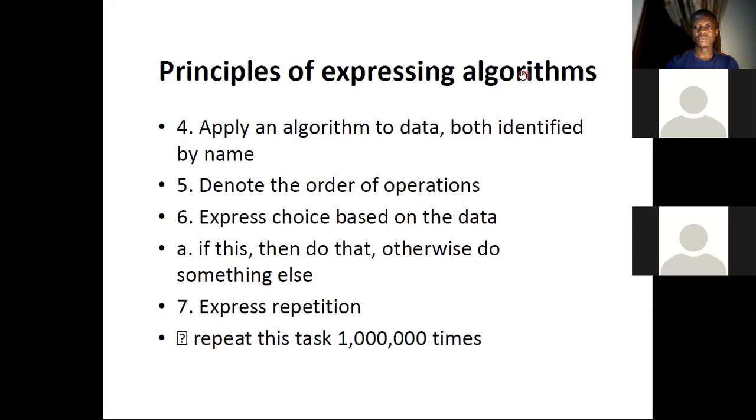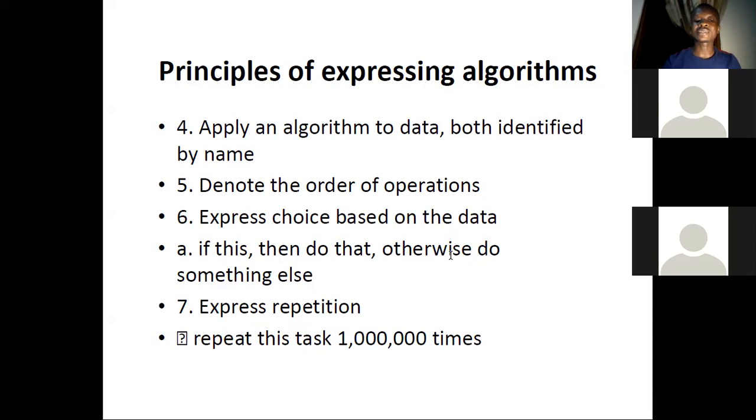We should be able to express repetition. Repetition means that you go to a certain step, come back, go back again to that step, and do the same thing over. Let's look at something like a washing machine.